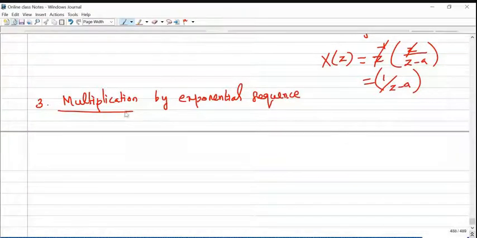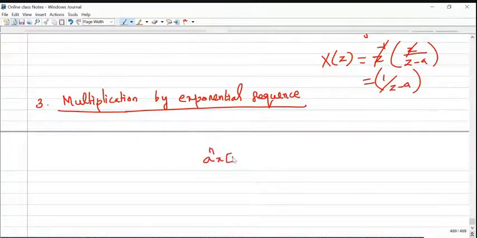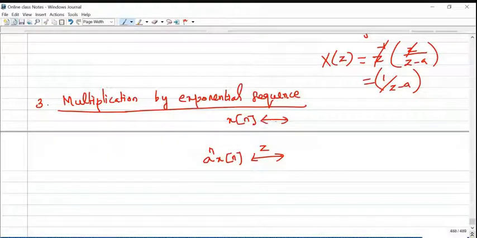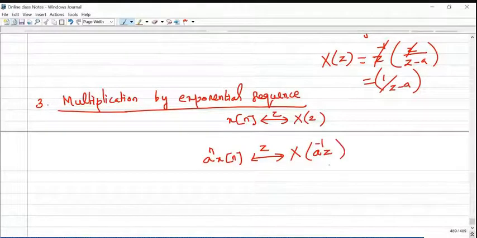A power n times x of n. If x of n has Z transform x of z, then A power n x of n gives the result x of A inverse z. All these z's are replaced by A inverse z. So this is exponential sequence multiplication.